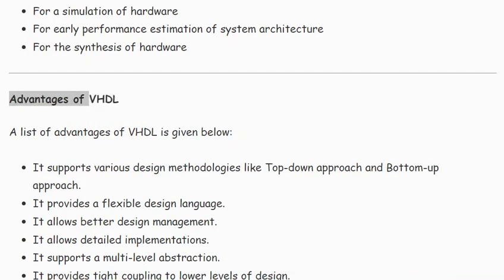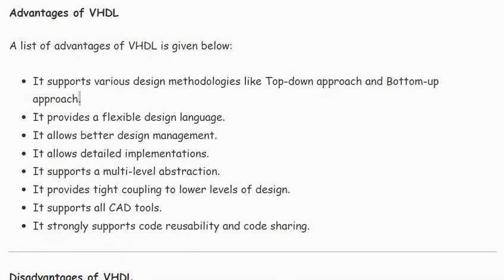Advantages of VHDL. A list of advantages of VHDL is given below. It supports various design methodologies like top-down approach and bottom-up approach. It provides a flexible design language. It allows better design management.